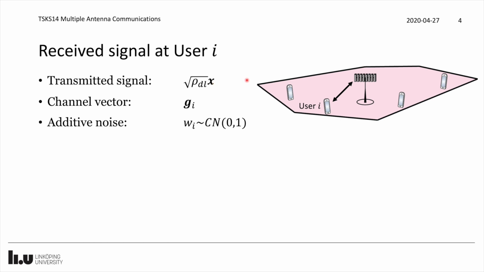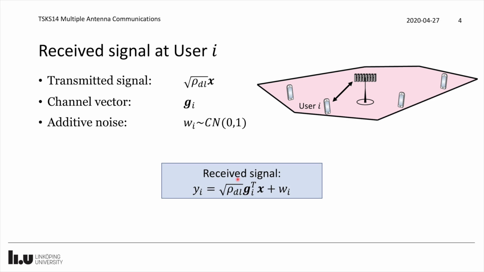We will now characterize the received signal of user i. Remember, the transmitted signal was x times the square root of rho downlink. We had a channel vector to this user, g_i, and then we need, of course, additive noise, w_i, at user i. We have normalized things, so we have a variance equal to 1, it's Gaussian noise. Then the received signal at this user is called y_i.